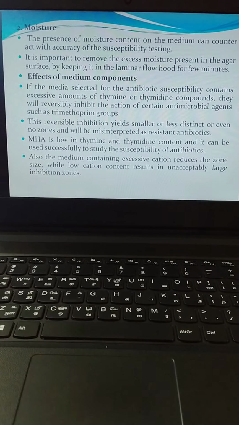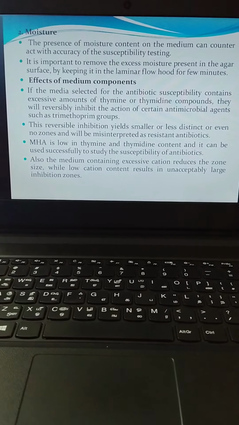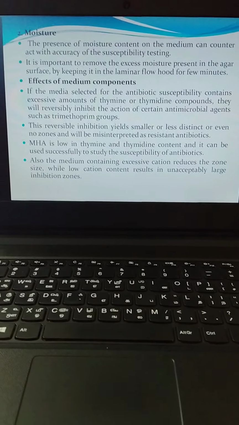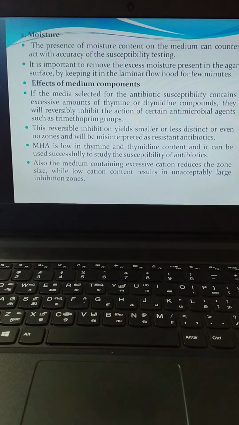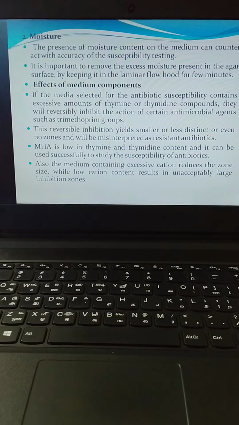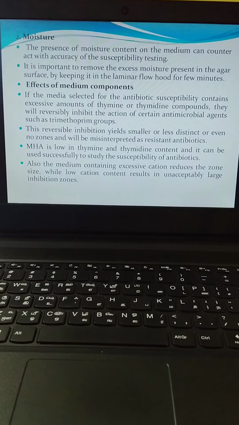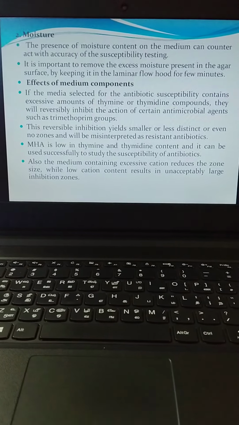This reversible inhibition will yield smaller, less distinct or even no zones, and it will be misinterpreted as the organism being resistant to the antibiotic.